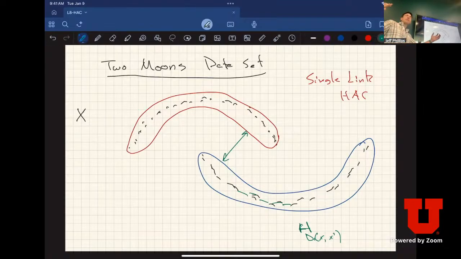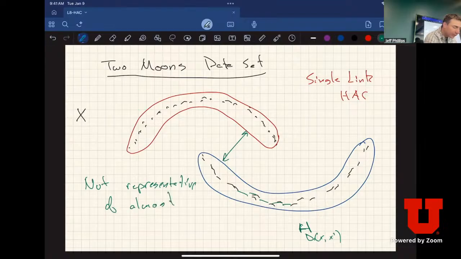I like the metropolitan example a bit better. This sort of data set, like this picture, is famous. It's been in a lot of different papers and textbooks. You almost never see data that actually looks like this. I do not think it is representative of almost any kind of real data.